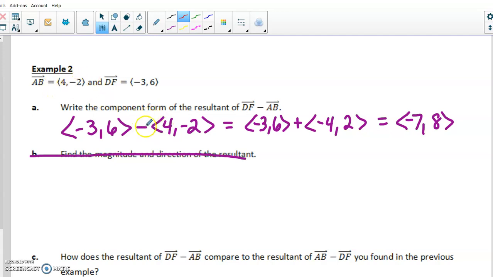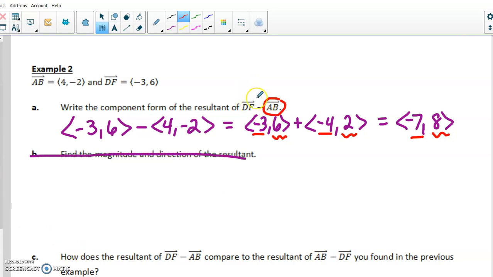But instead of subtracting, we can think about adding the opposite of vector AB. The opposite of vector AB would be -4, +2. So if I added these, I'd have -3 plus -4 and get -7. Then I'd have 6 plus 2, which gives me 8.